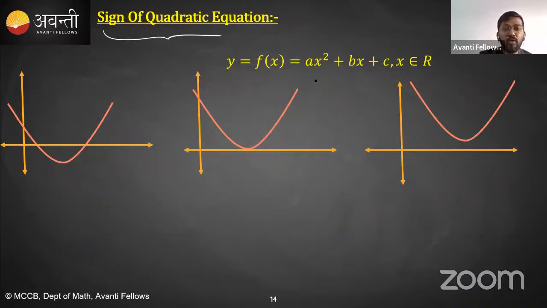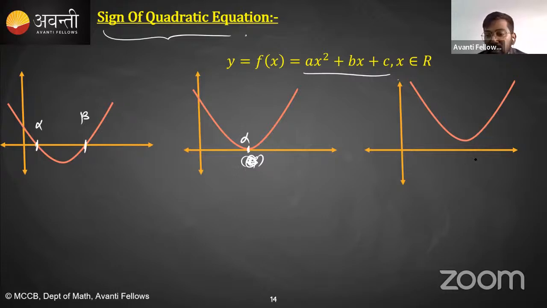Now signs of a quadratic equation. Consider this root as alpha and this root as beta. Whenever the graph is lying above the x-axis, then f of x, which is the quadratic expression, is positive.